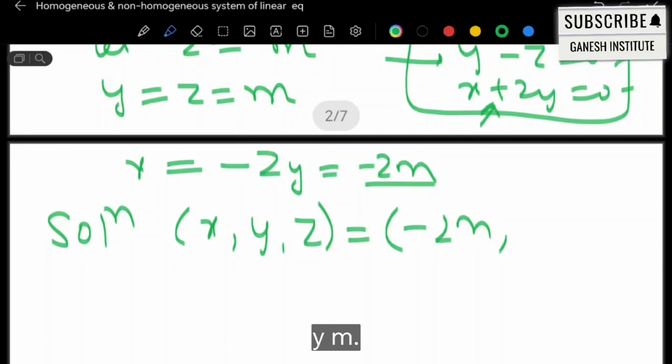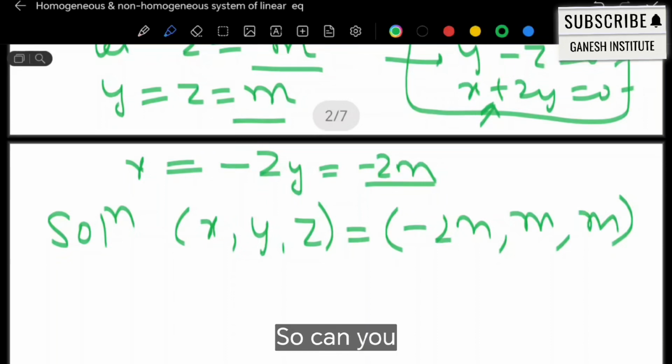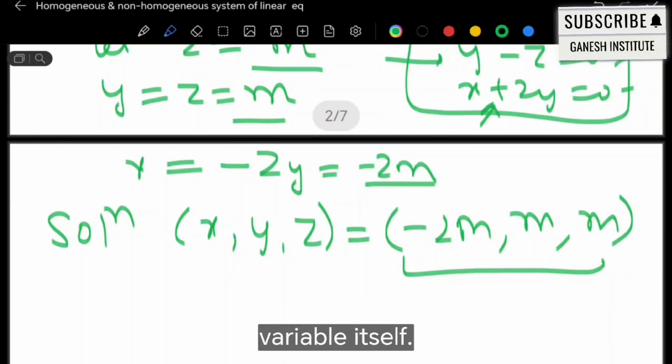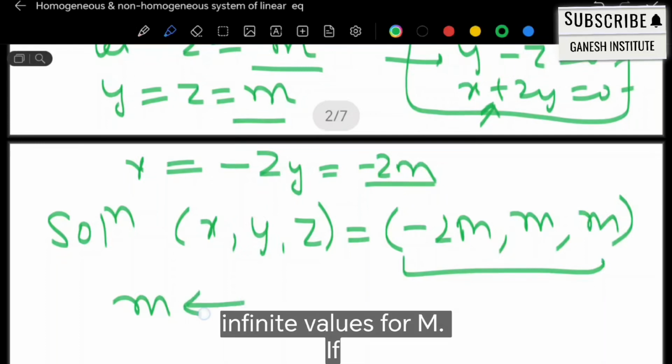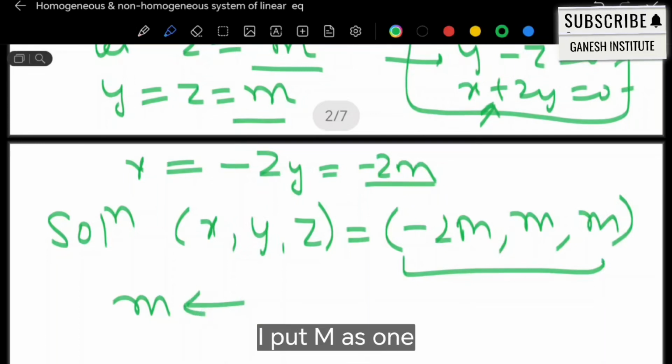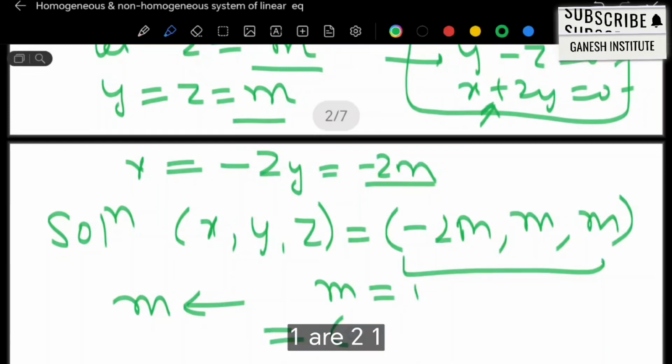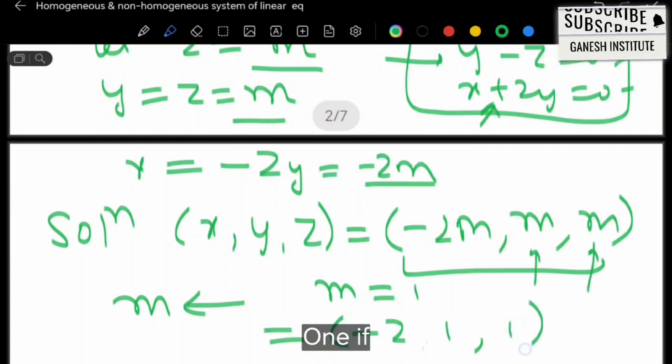What is y? m. What is z? m. So can you see, I have the solution in the form of a variable itself. So I have infinite values for m. If I put m as 1, I'll get the solution set as minus 2, 1, 1.